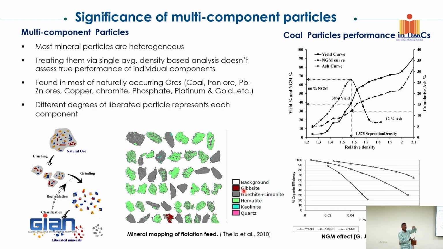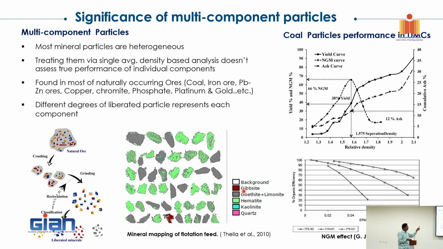If I take a beaker of liquid having 1.4 density, particles having a density higher than 1.4 will sink, and the remaining particles less than 1.4 will float. What about 1.4 density particles? Where do they go? Theoretically, they are supposed to stay in the medium, right? Now, if I have that fraction higher and higher, my separation is not going to be effective.